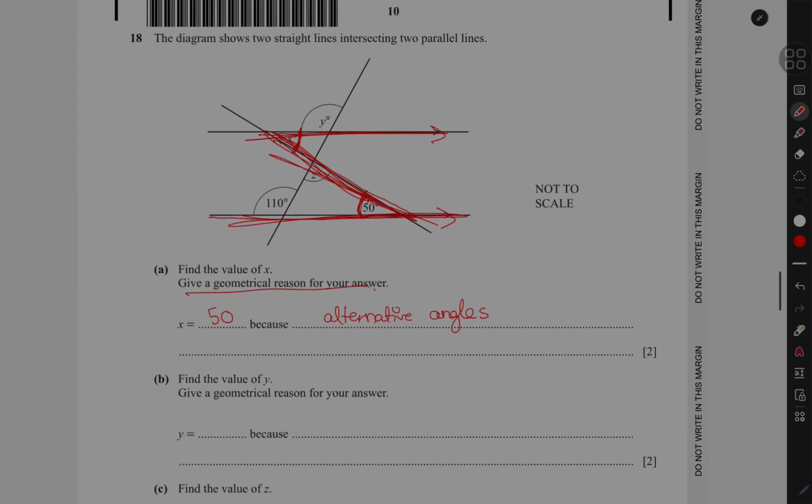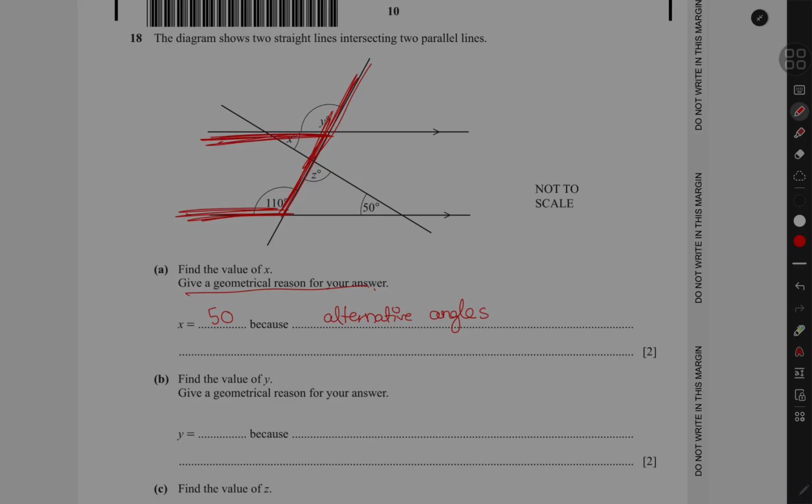Find the value of y. Next question is find the value of y, and y is pretty straightforward too, because these are two straight lines, and now we are looking for some f's. So this is an f. If you turn it around, you will see what I'm talking about.